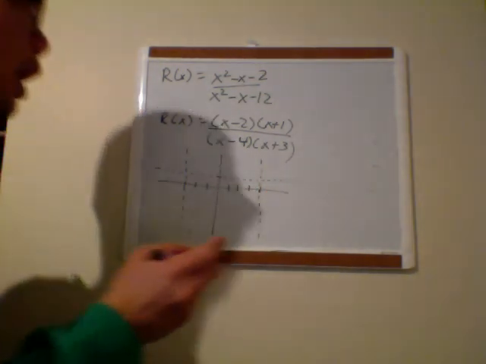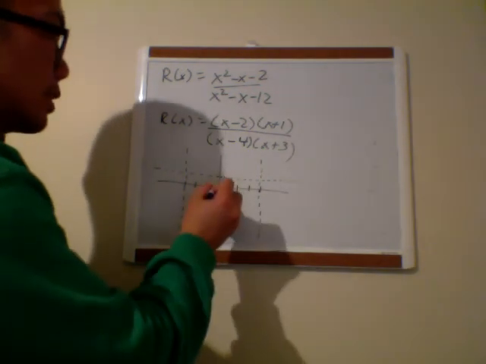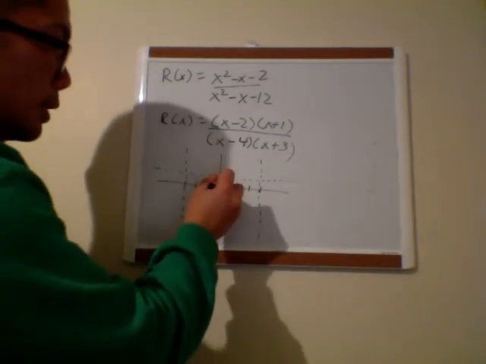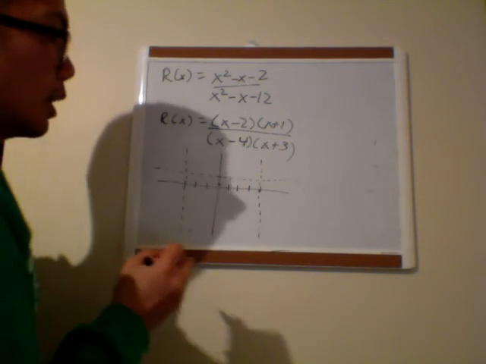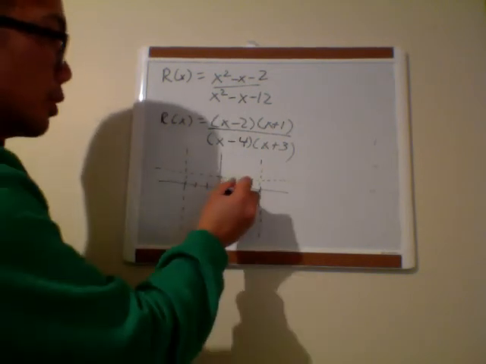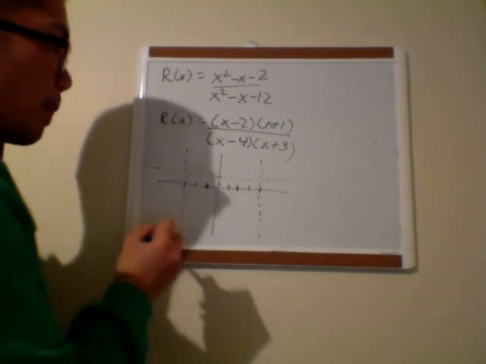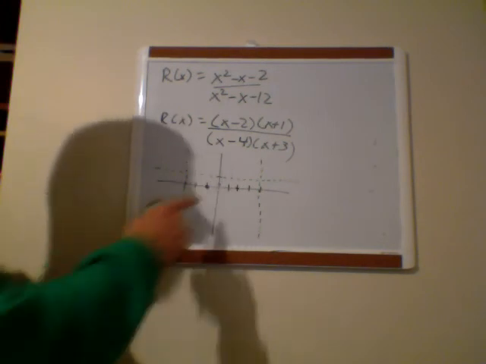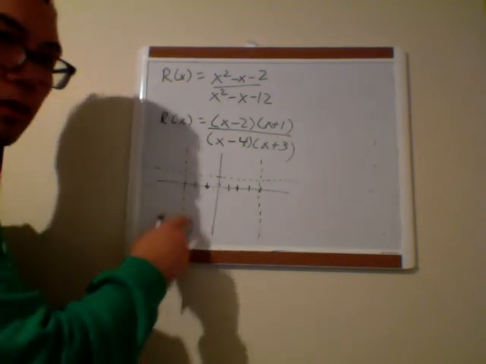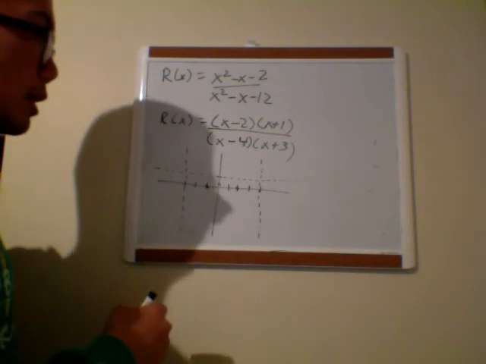I know I have a y-intercept at 1/6, so it's going to be right here. I know I have x-intercepts at 2 and at -1. So you could already kind of see the shape that it's going to form. It's going to form like a little parabola here on the bottom sector.